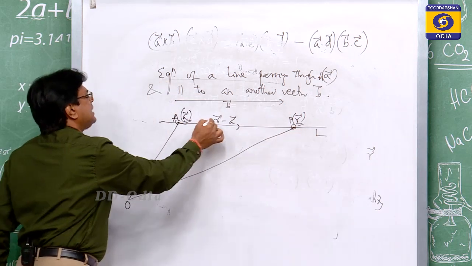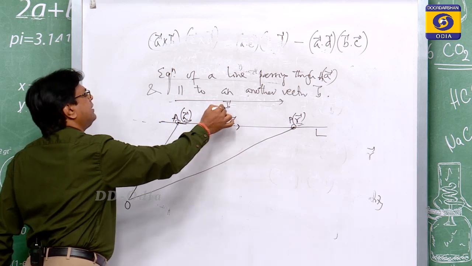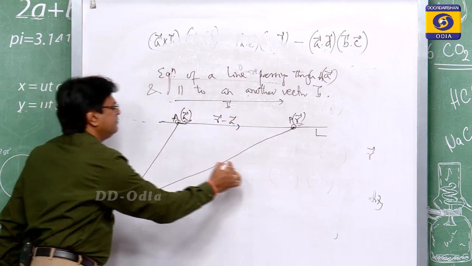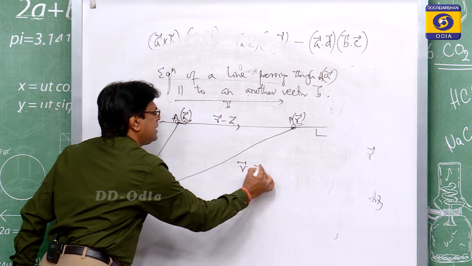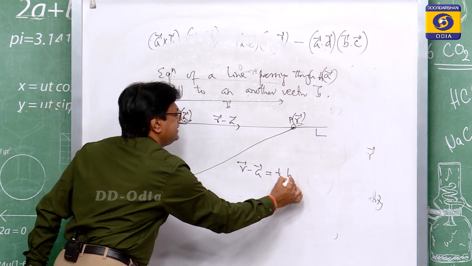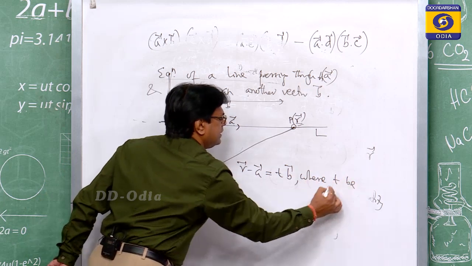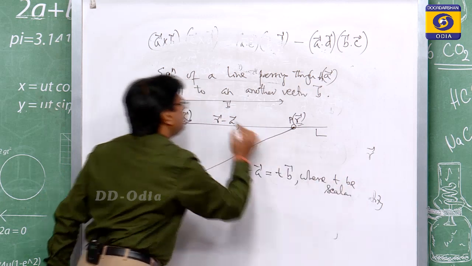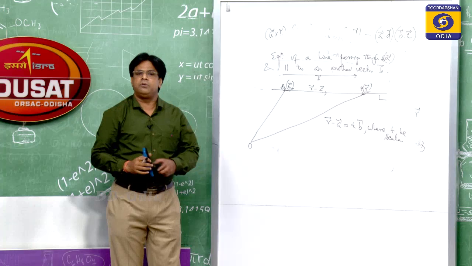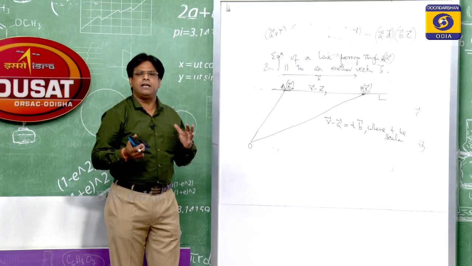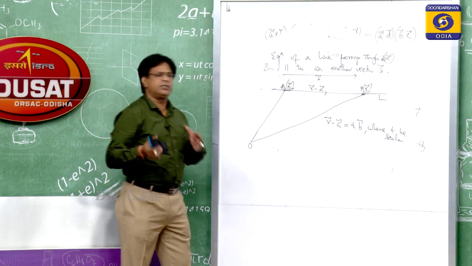So, for the equation of this line, the vector r minus A is parallel to vector B. That is why r minus A is equal to t into B, where t is a scalar, because we know that two vectors are said to be parallel if one of the vectors can be expressed as some scalar multiple of the other vector.